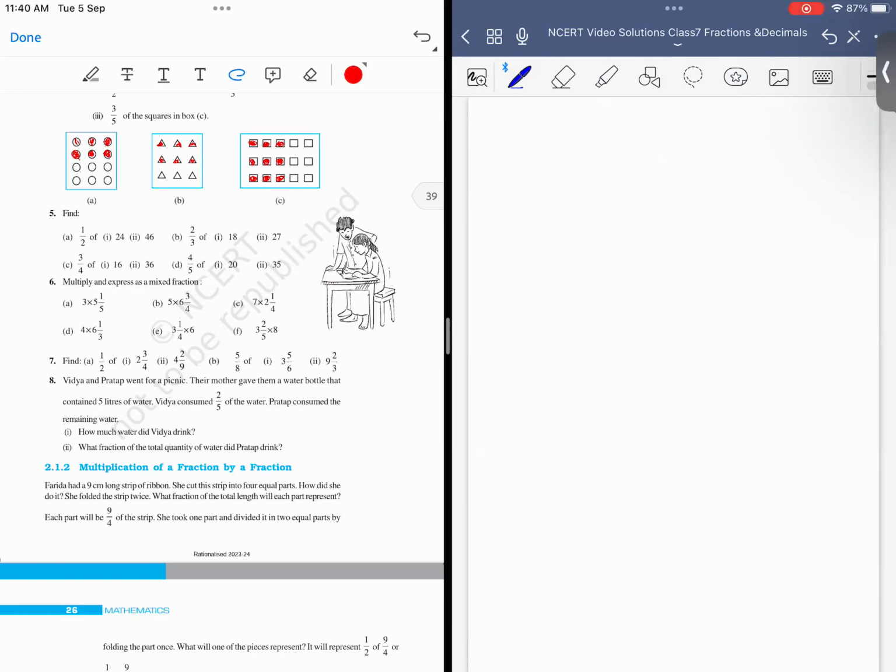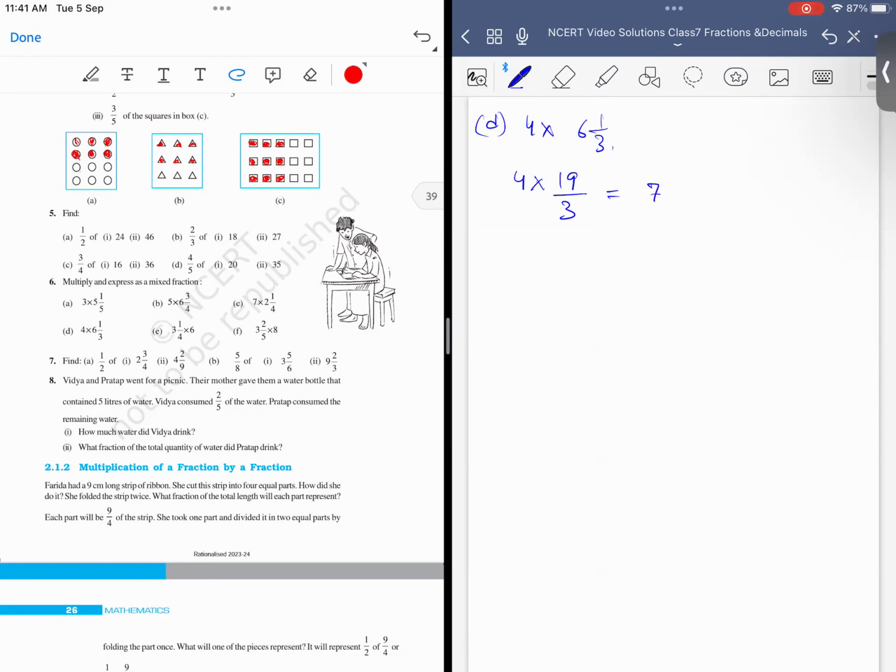Next, I'll take the D part, 4 into 6 whole 1 by 3. Now again, just convert this to improper, 19 upon 3. Okay, so first then multiply this fraction, 19 into 4, 76 upon 3.